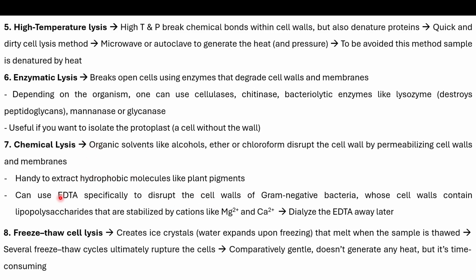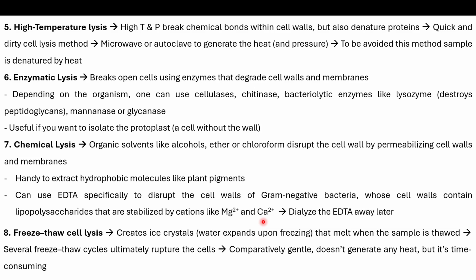One can also use EDTA, ethylenediaminetetraacetic acid, which is actually a chelating agent. It chelates divalent ions. Many times the divalent ions like magnesium or calcium help in stabilizing the contents of the cell wall.